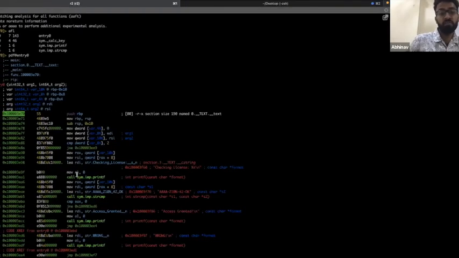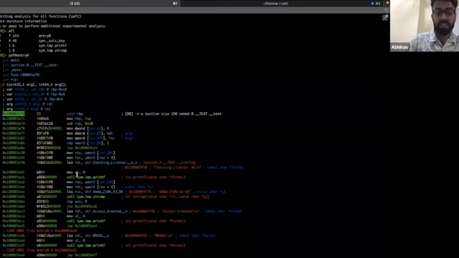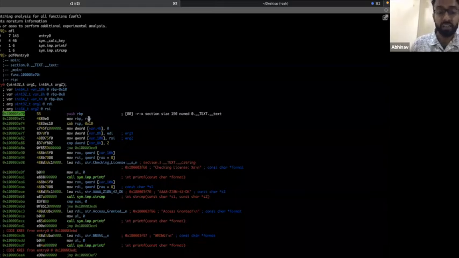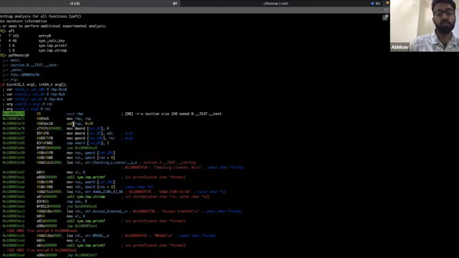Whereas in this function, what we are seeing right now, we have 3 variables and 2 arguments. What they are, we still have to see, but because there are variables and arguments, after pushing the previous base pointer of the stack and initializing the new stack frame, it also allocated space to put these variables and arguments into the stack.